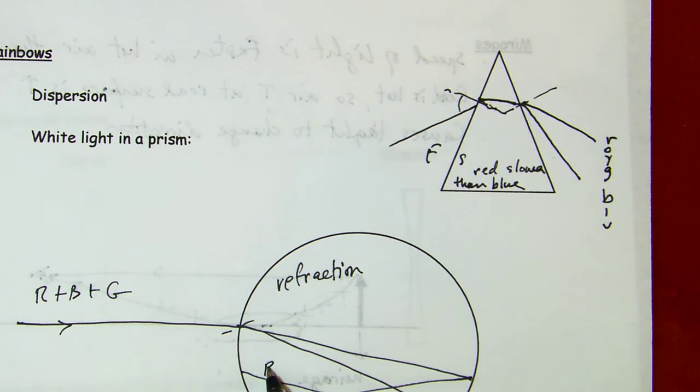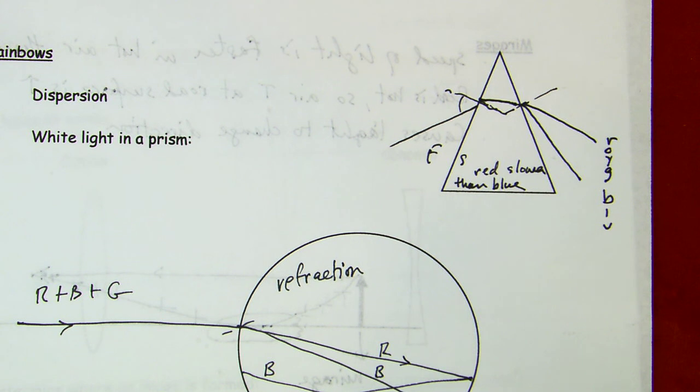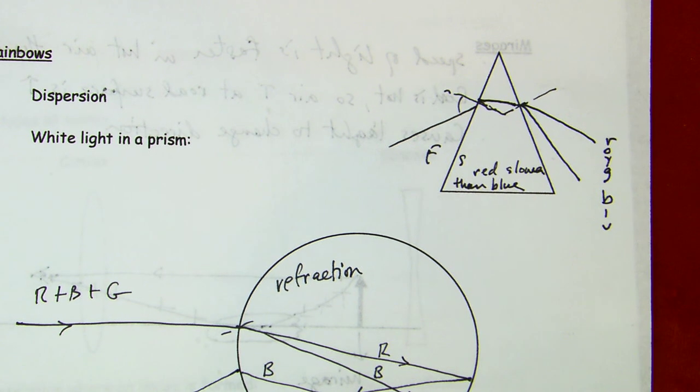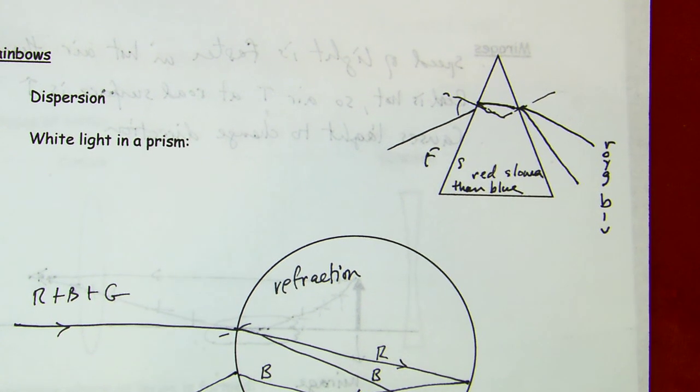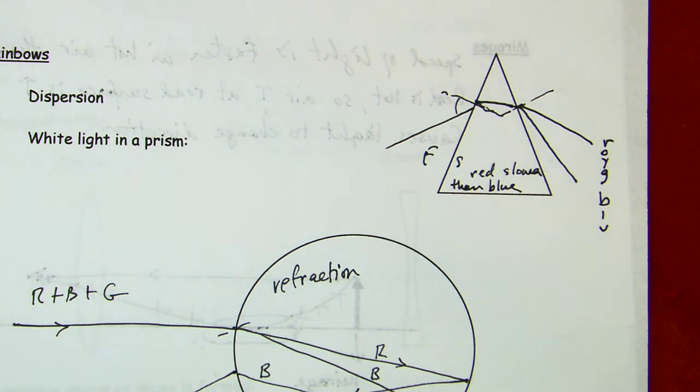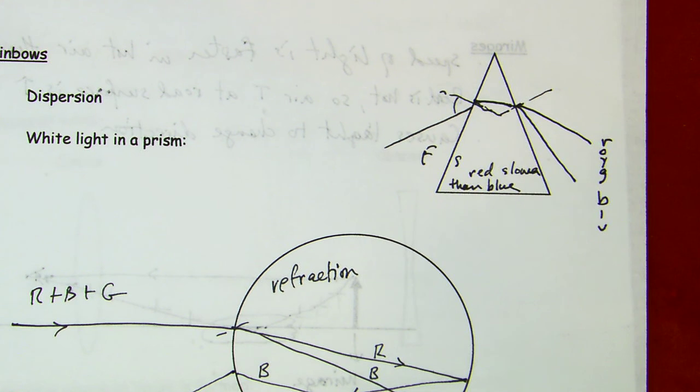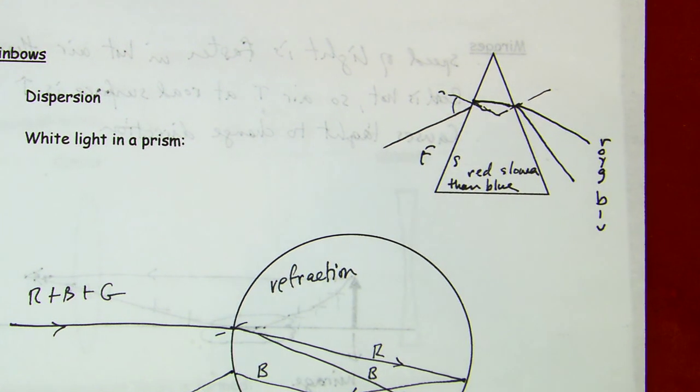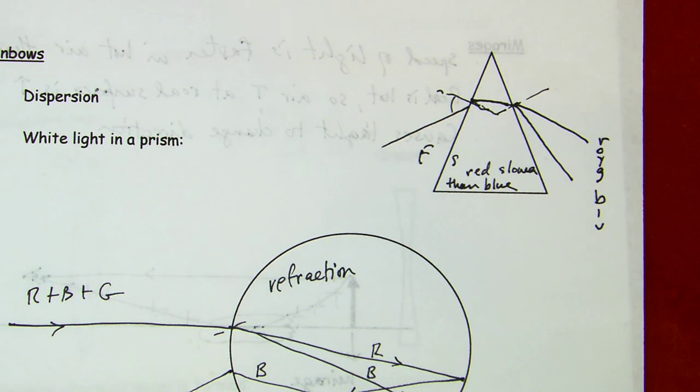So you're going to get blue up here and red down here. So this is red, this is blue, this is blue, this is red. And then coming out, it's going to get bent down. Okay. If your eye is right here, you're going to see red. Now, there's another raindrop down here, and down here, and down here. This one will come out, and this will send the blue into your eye.